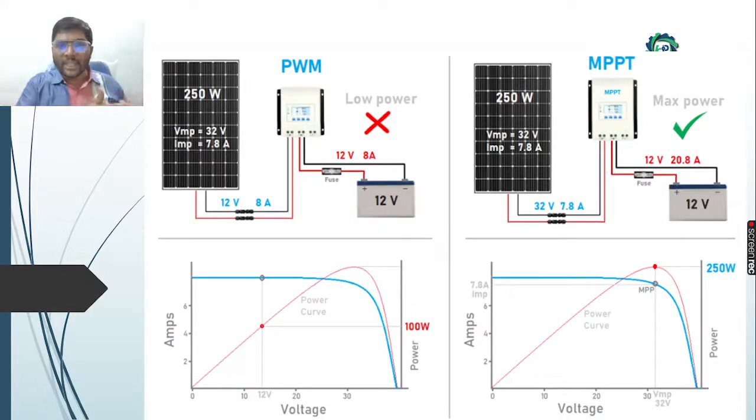In PWM, we get only the required voltage and the available current as an output, so we have only low power there. But when you go for MPPT, the current is enhanced and the required voltage to charge the battery is available. So we are increasing the maximum power.